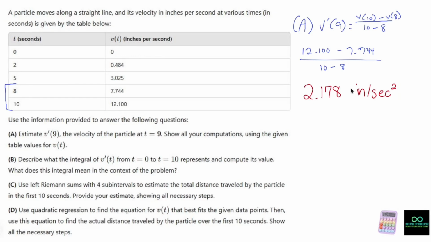Now that's A. B is asking us to describe what the integral of V prime of t from 0 to 10 represents.